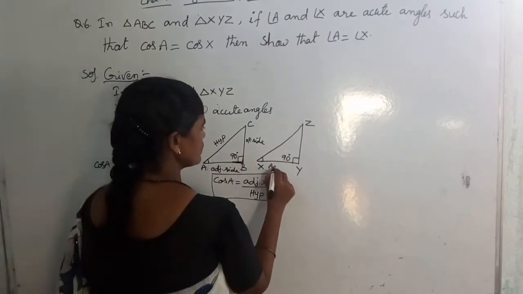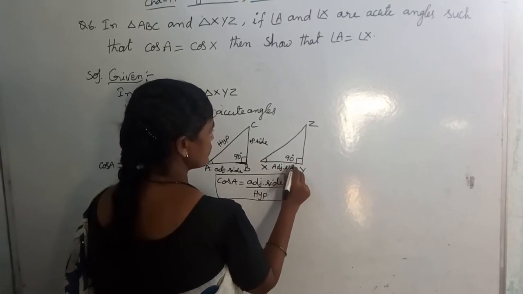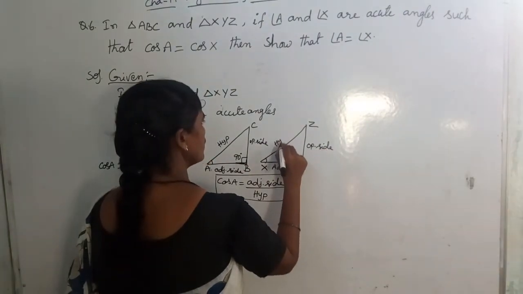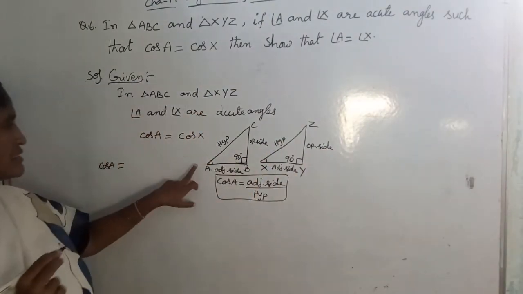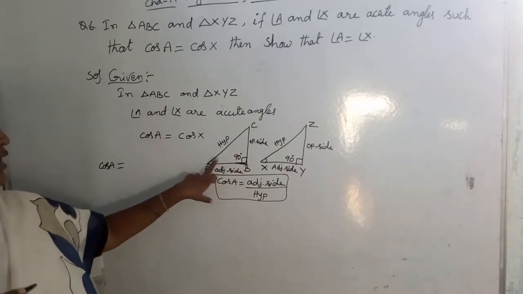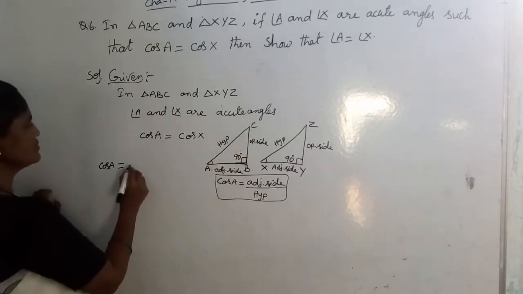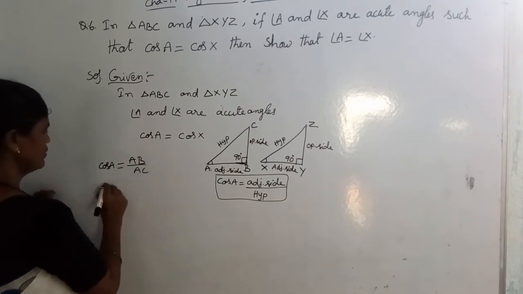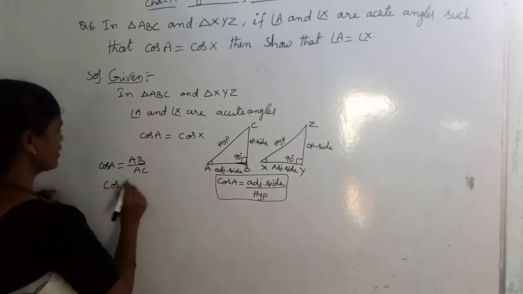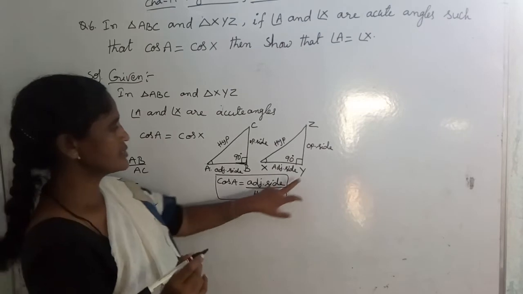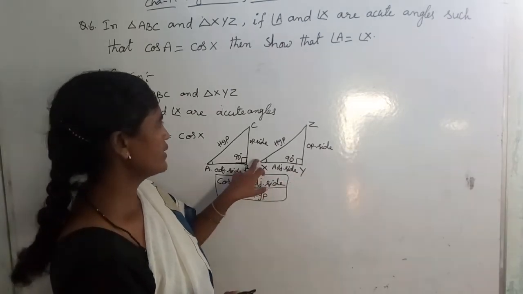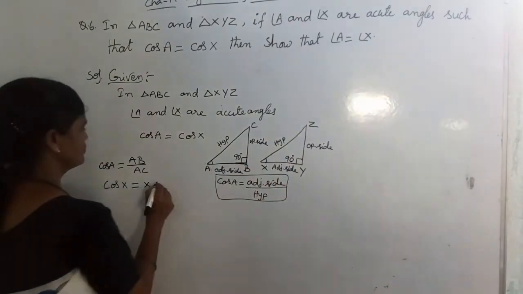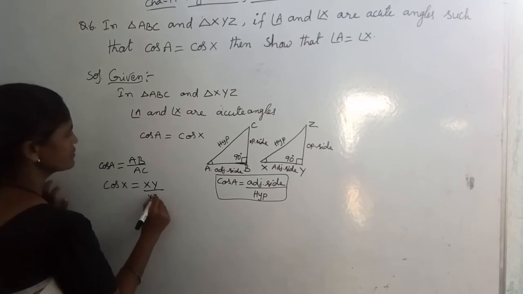Again here also adjacent side, opposite side, hypotenuse. Now adjacent side here is AB, hypotenuse AC. Cos A is equal to AB by AC. And cos X is equal to, the adjacent side XY by XZ.